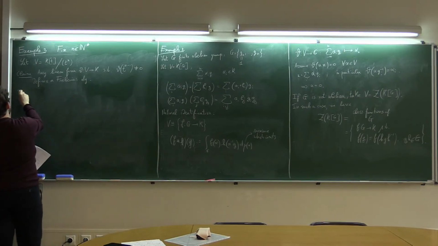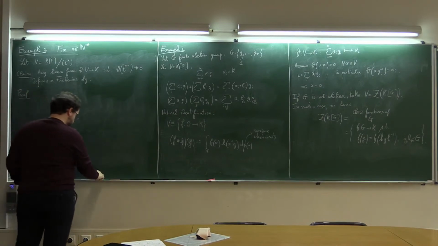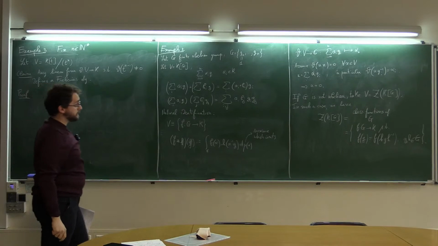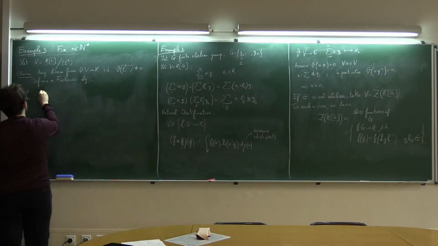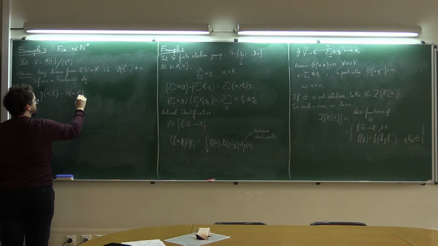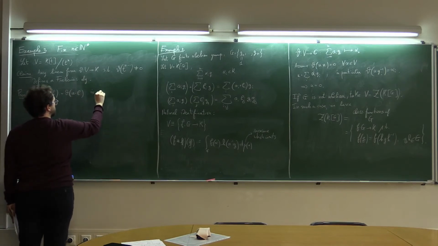How to prove that? So, again, what we need to prove is that the pairing eta, defined as follows, is non-degenerate.